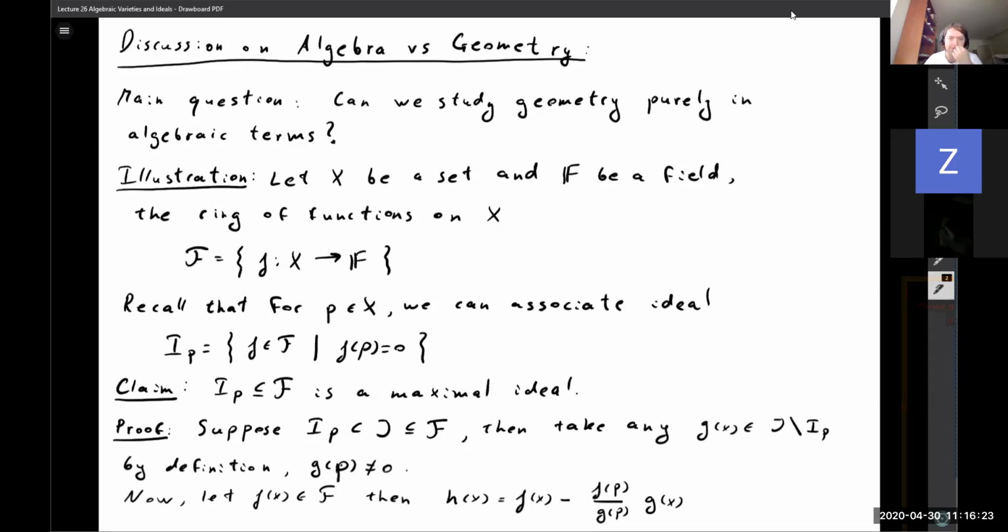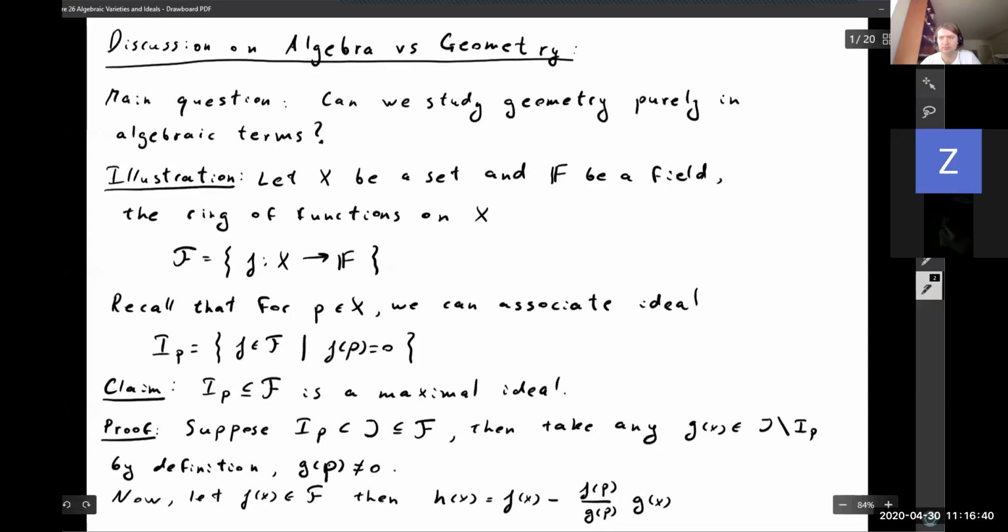Because g of p is not the zero element of a field, it is invertible. So this is a well-defined constant. And this is the function which must be in I_P.